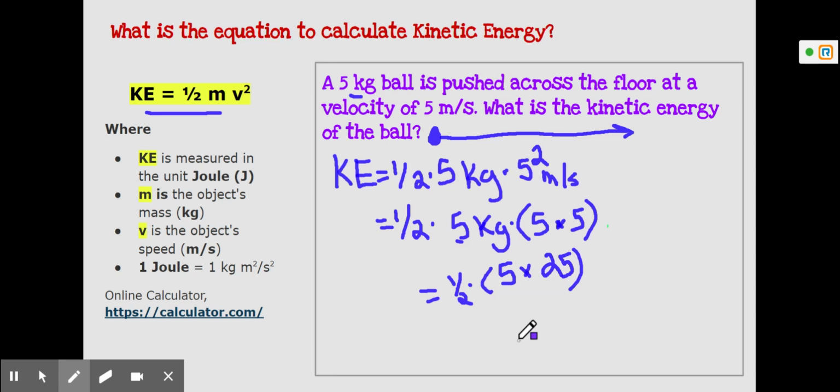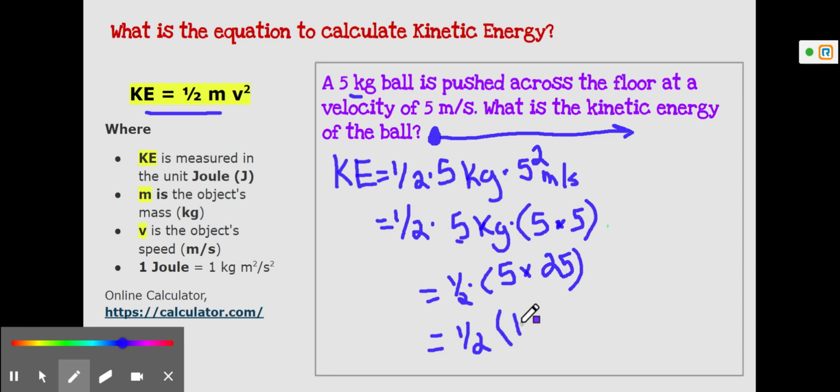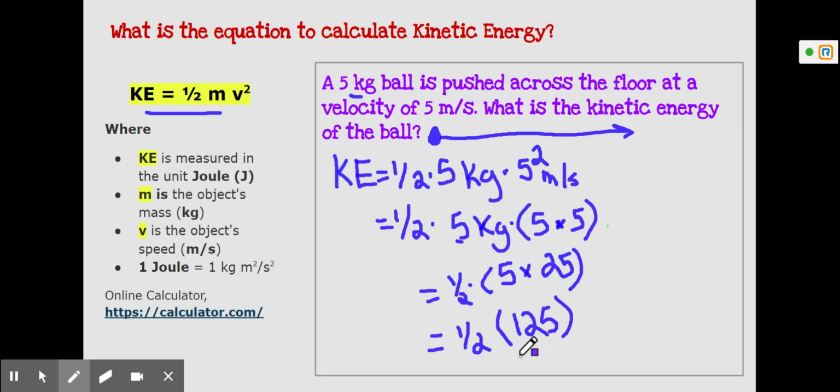Well, 5 times 25 is 125. And then we can do the last step, 1/2 times 125, or 125 divided by 2.